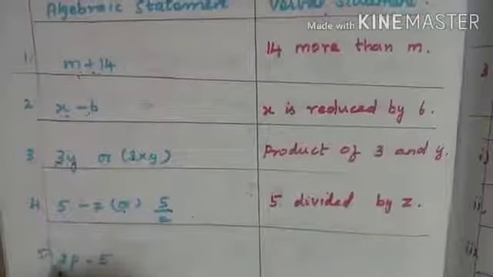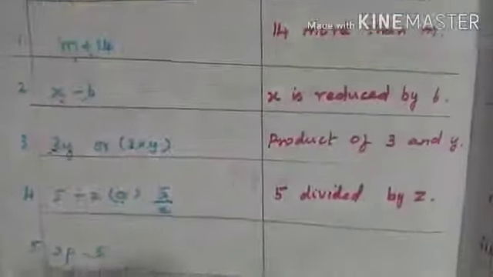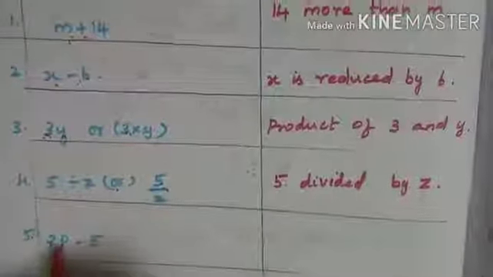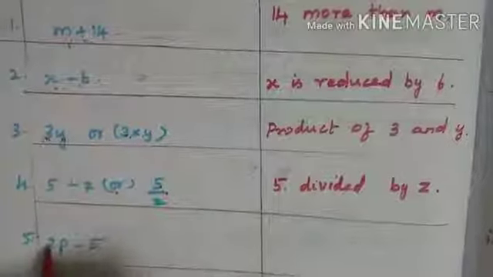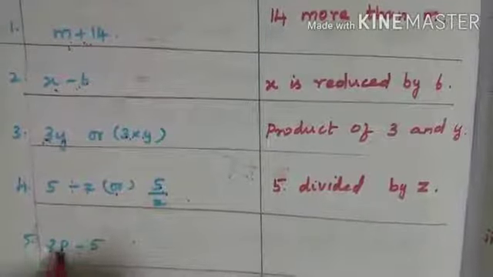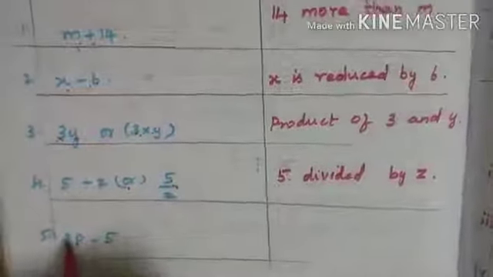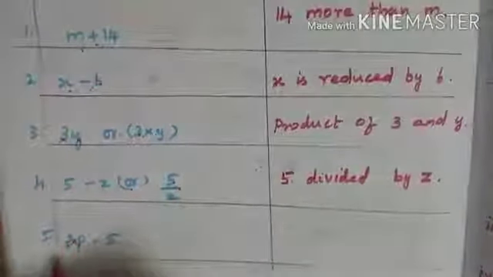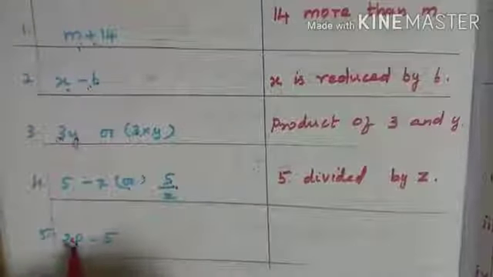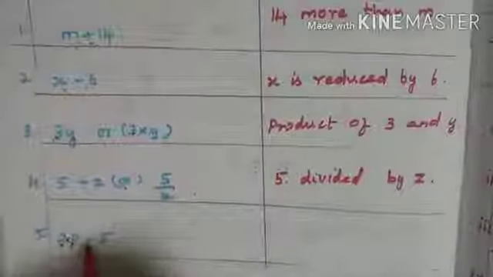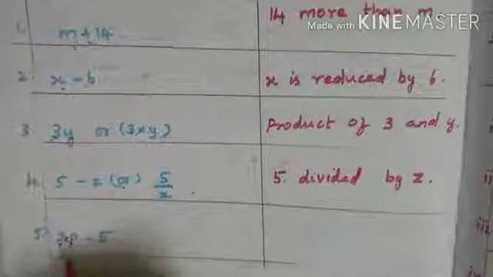Next you see 2p minus 5. So 2 into p. I told you, if there is no symbol in between, we have to assume there is a multiplication symbol. Therefore 2 into p minus 5. So how can we write it?